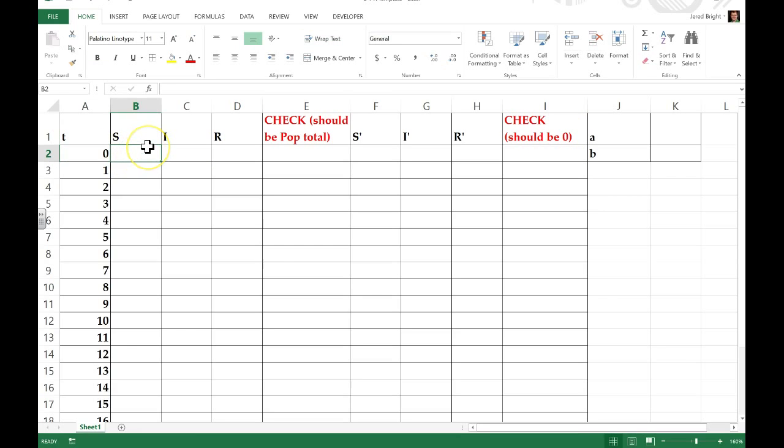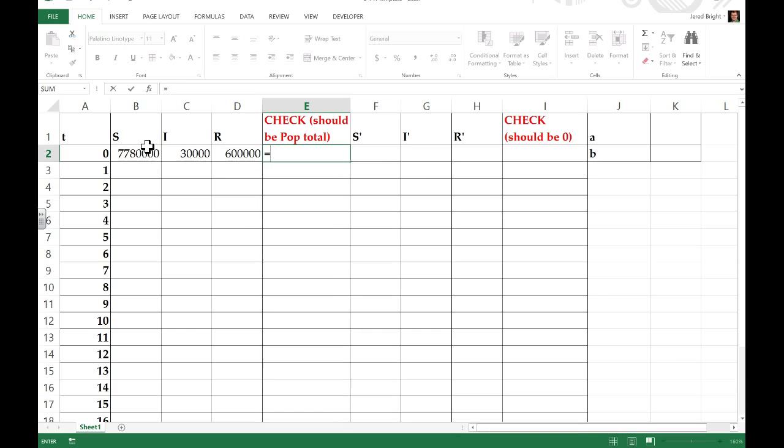Okay, so we began with 7,780,000 in the susceptible population, 30,000 in the infected. Recovered was 600,000.